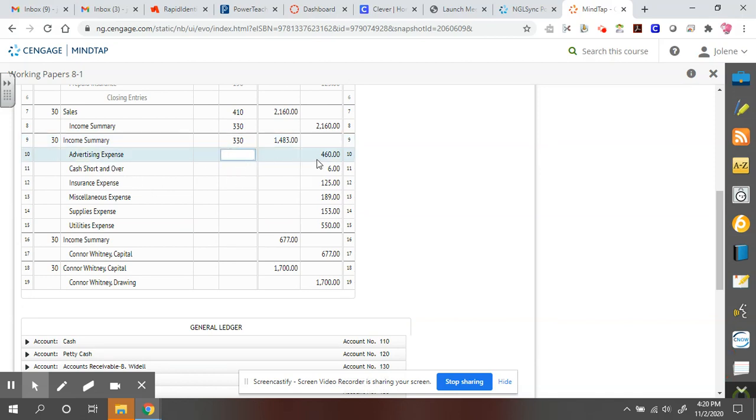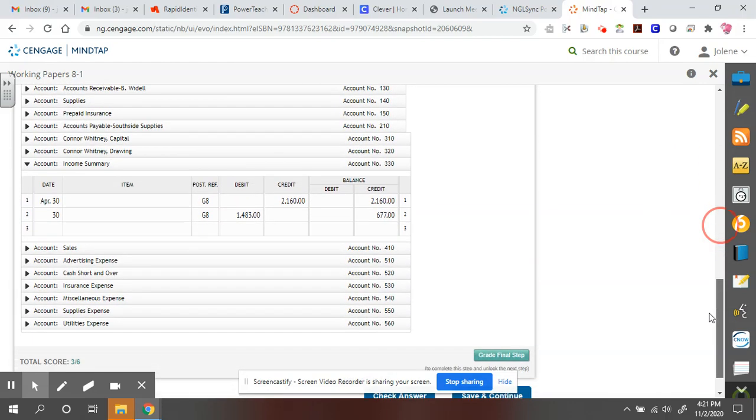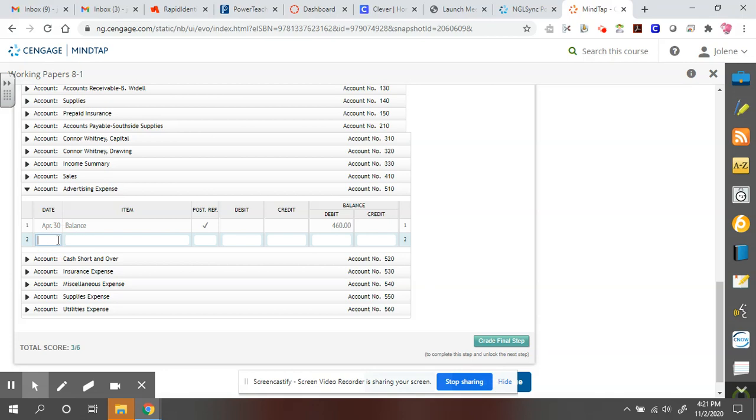Advertising expense. All these expenses are going to be credited to make them back to zero. So we start with advertising expense at 460. Wow, they are the same dollar amount.